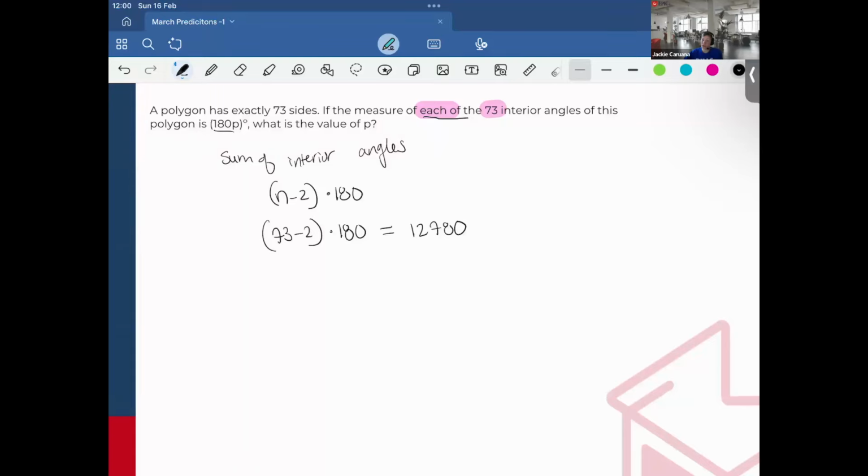All angles are equal. And I can find then the measurement of each angle. I would just divide this by 73 for, again, the 73 sides. And this gives me 175 degrees. That's the measurement of each interior angle.